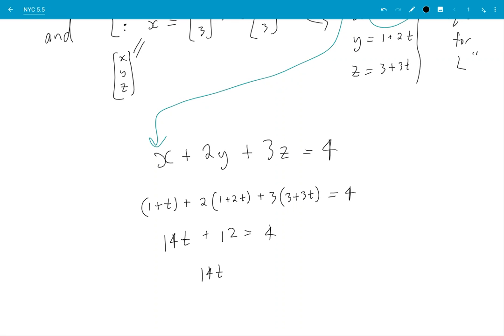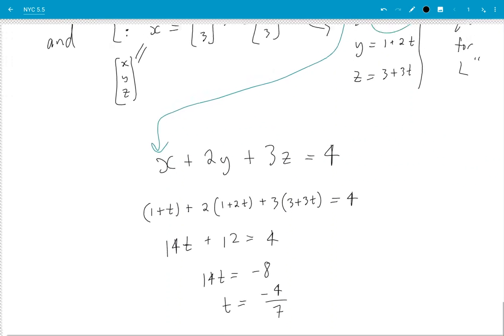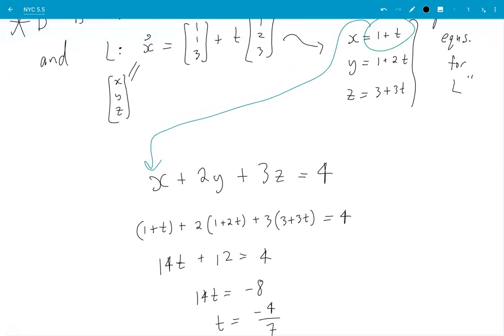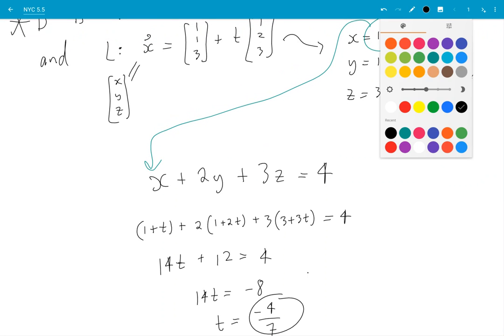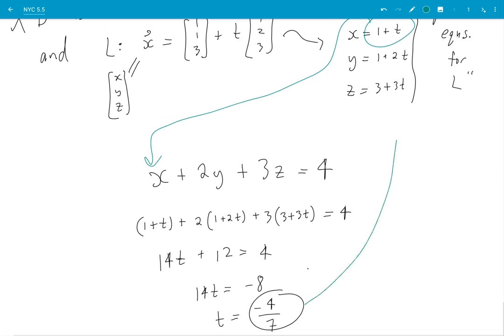So 14t is equal to minus 8. T is equal to minus 4 over 7. That is not my answer. But I'm just going to take that t and plug it in up here to find x, y, and z for the point B.